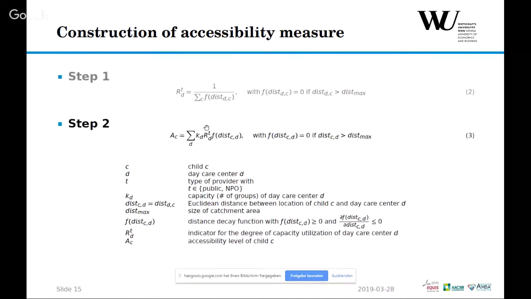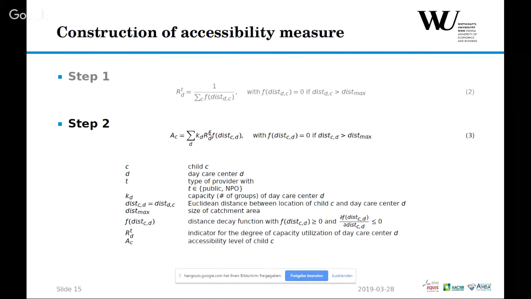Mathematically, this is step 2 here on this slide, where K denotes the capacity of a daycare center. R is the degree of capacity utilization. And F is a distance decay function, adding weight for the distance between the children and the childcare facilities.